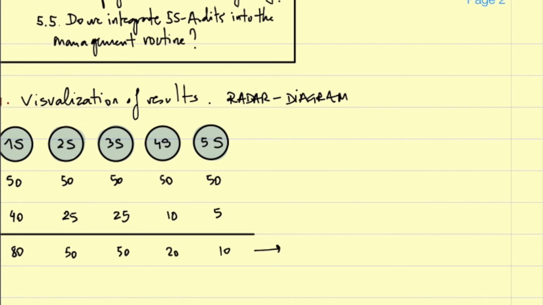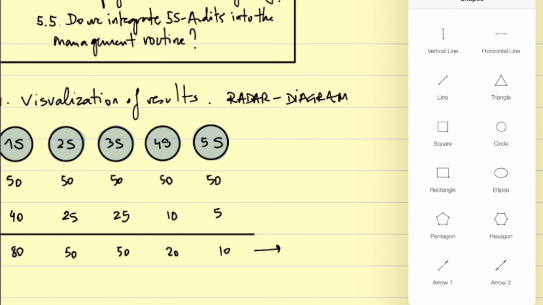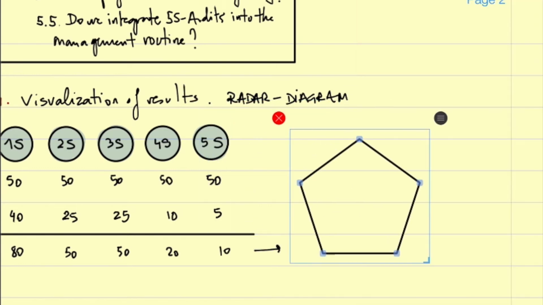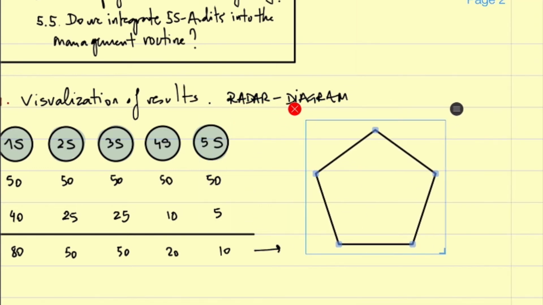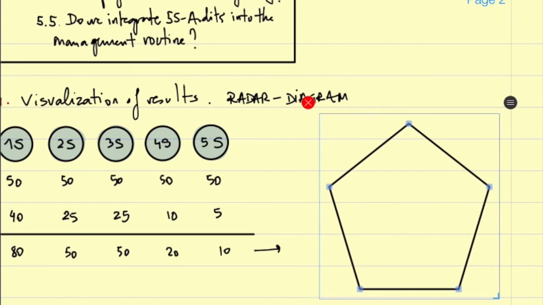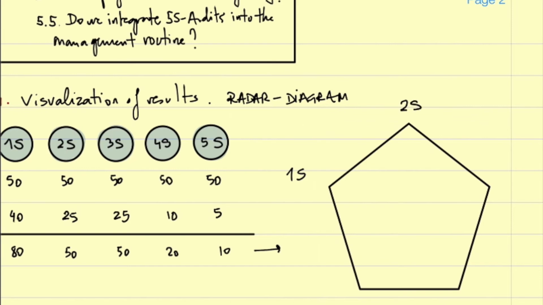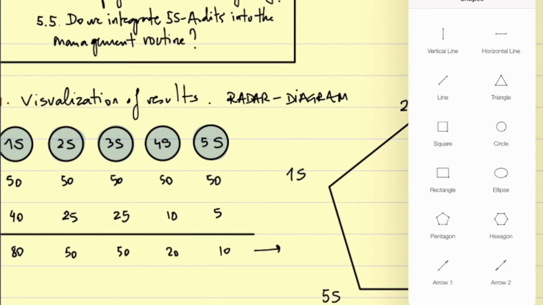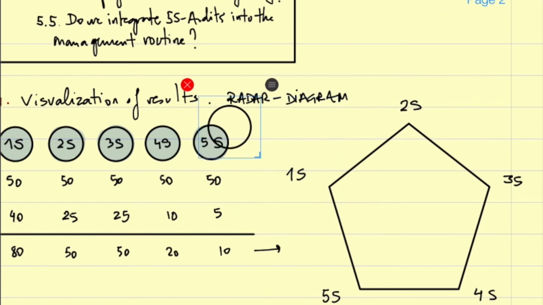This is done like this. Okay. So we have 5. So we put the first S here, 2S here, 3S, 4S, and 5S. We make it pretty.